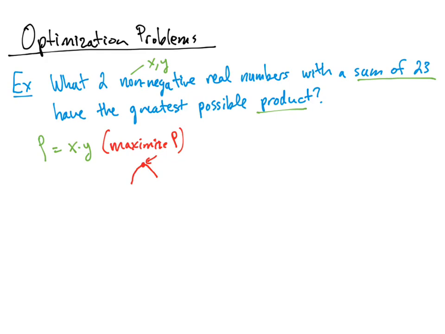Now, the problem with this function that we've written is it's in terms of two variables. So we need to rewrite this in terms of a single variable, either x or y. We need to use some of the other information that's given in the problem, and it says the sum of these values is equal to 23. If we solve this equation for y, we could just as easily have solved this for x.